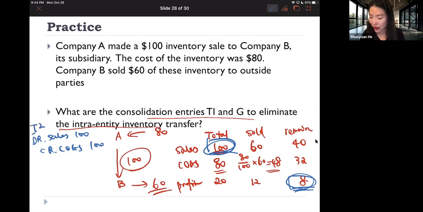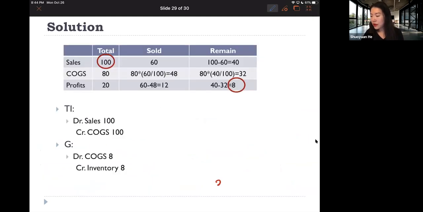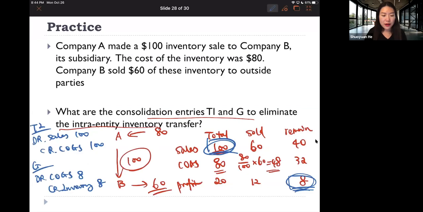So consolidation entry G is to debit cost of goods sold for 8, credit inventory for 8. Yeah, so that's it. That is consolidation entry TI and consolidation entry G. And in the next class, we're going to talk about consolidation entry star G.